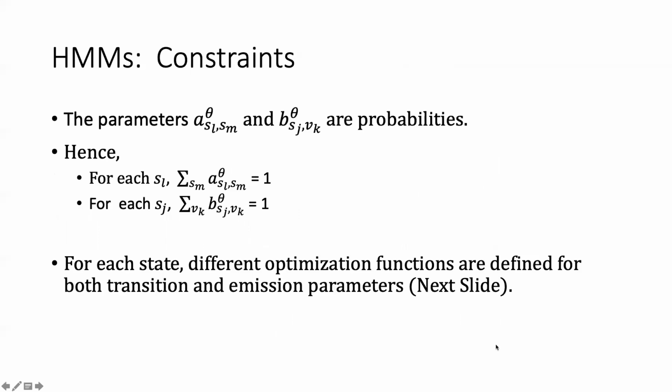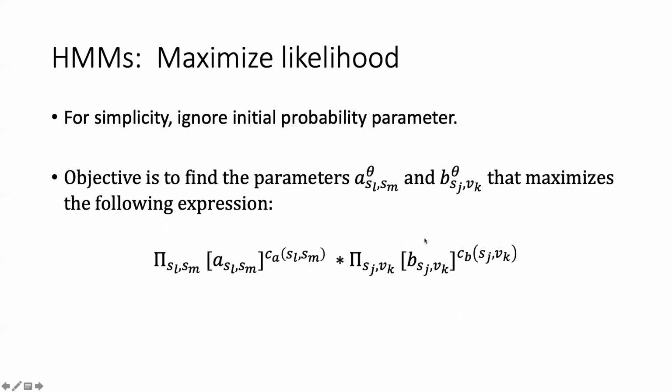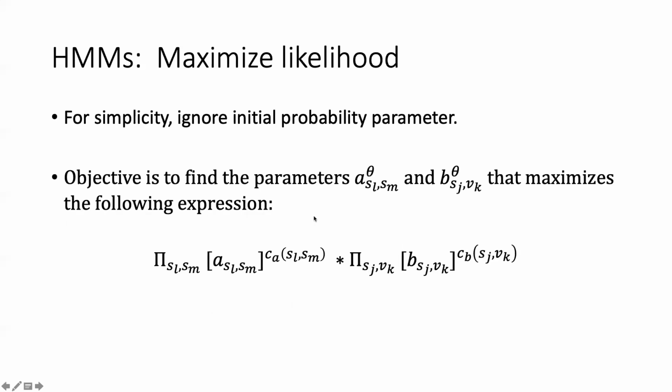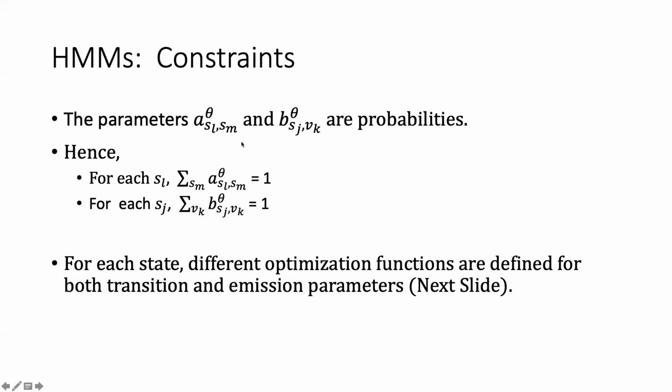For simplicity, ignore this term and try to estimate the parameters of A's and B's. Recall that A's and B's are the transition and emission probabilities, and these should sum up to 1.